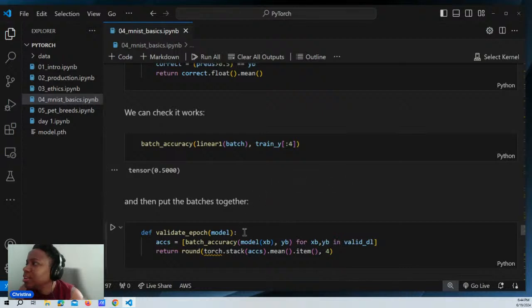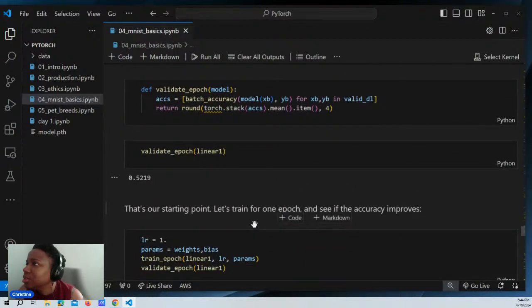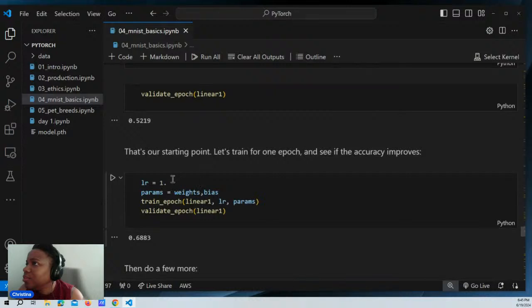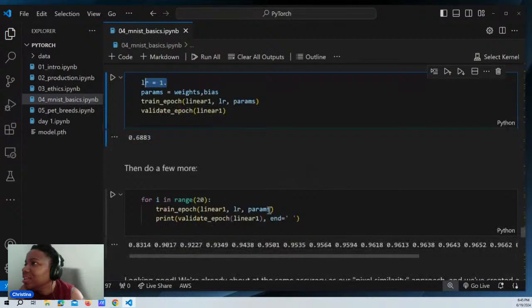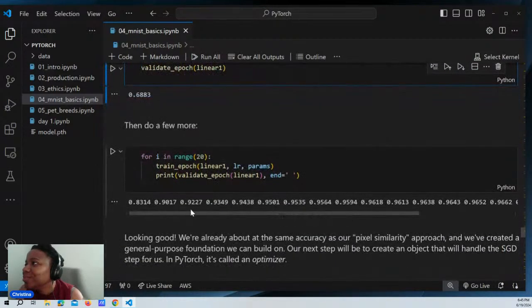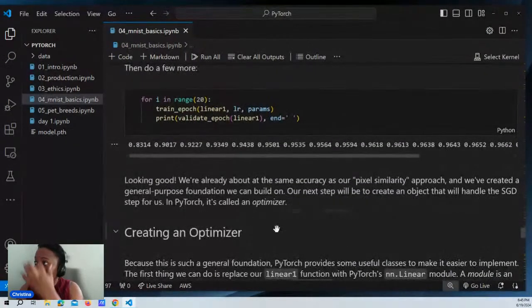This is putting it together, and it gives it a starting point for learning rate at 1. That's big. And it just keeps going from there until it improves how accurate it is.